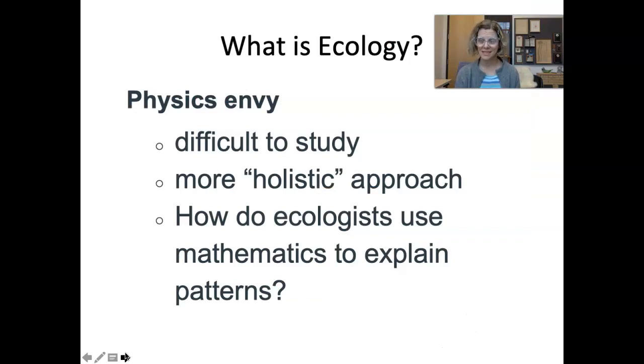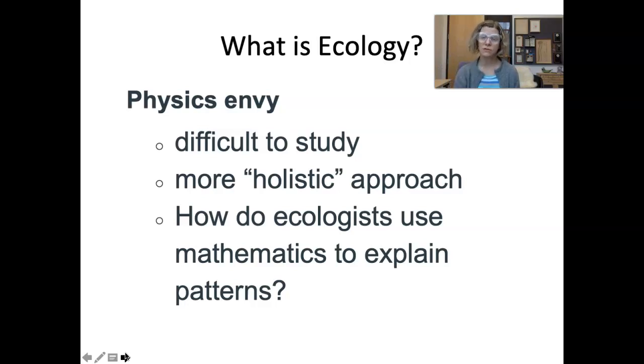Ecologists have a bit of physics envy because physics tends to follow very predictable patterns. It's very mathematical. So you can come up with an equation for principles in physics, and they're repeatable, they're the same, they're controllable. Well, it doesn't work that way for ecologists, unfortunately.